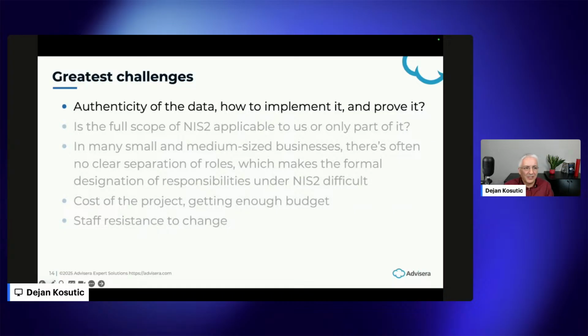One of the challenges that I received through email from you, and by the way, thank you for sending these emails, is how to ensure authenticity of the data, how to implement it and prove it. First of all, NIS2 doesn't specify anything about authenticity of the data, and in most of the local laws published based on NIS2, I didn't really see any requirement there. But theoretically, you can ensure authenticity of the data as follows: if this data is created internally, then you have to define exactly who creates this data, who edits this data, and what the rules for doing this are.